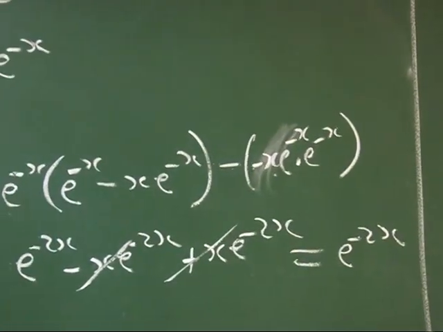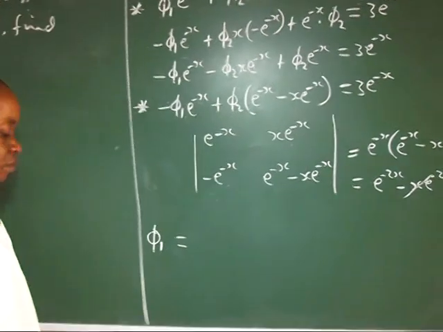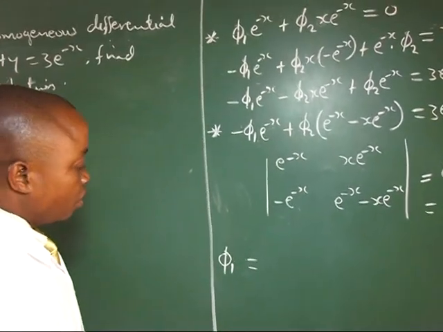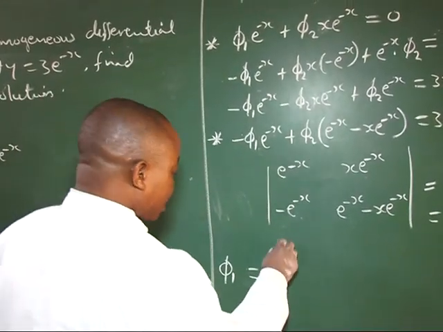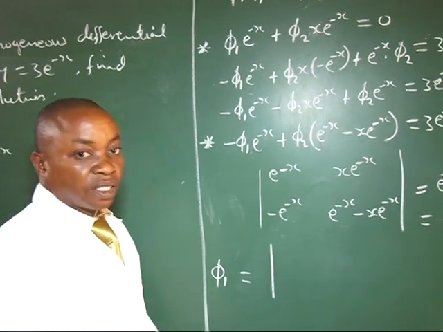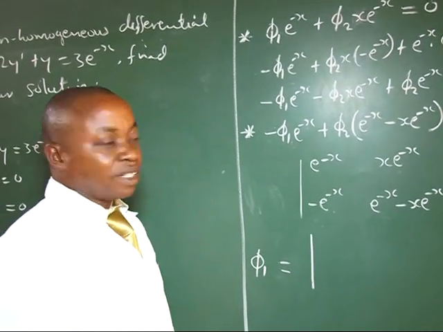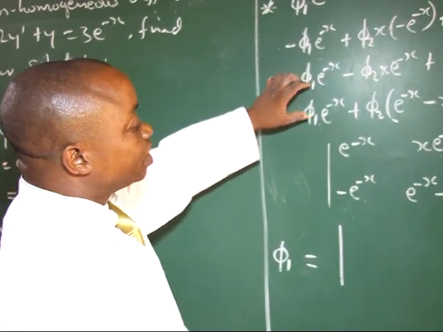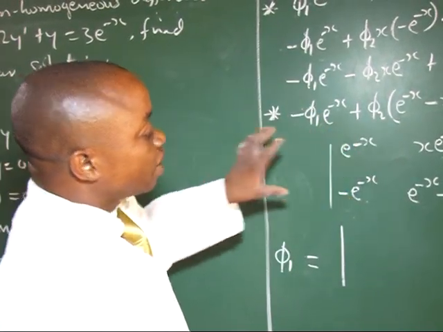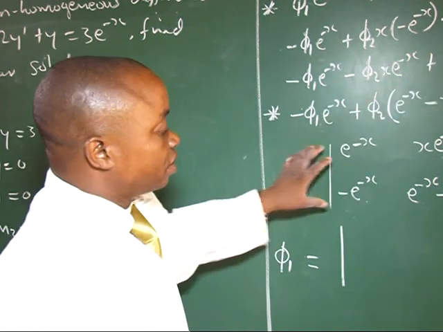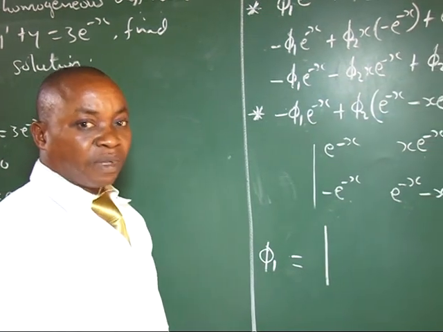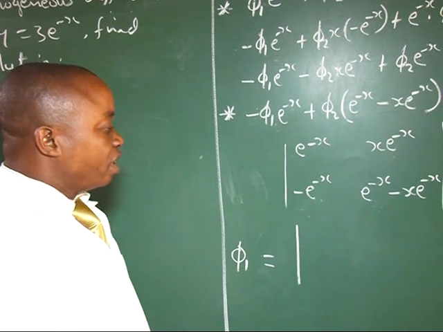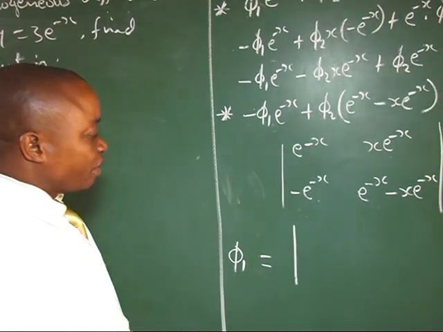Now, to get phi 1, we will now take the determinant using Cramer's rule. Using Cramer's rule this time. So we want phi 1. What we'll do is to remove this one and fix the constants. If you are familiar with Cramer's rule, I believe you are familiar with it.